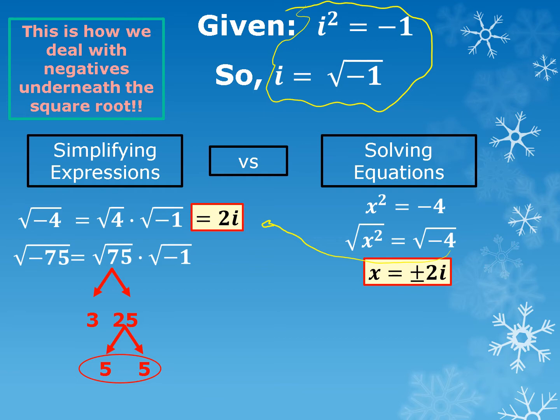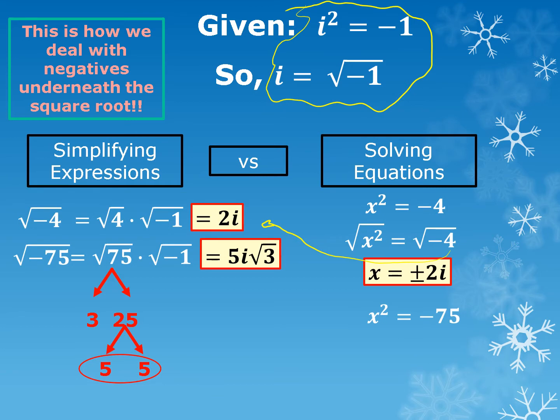I also know that the square root of -1 is i. So how we write this is 5i square root of 3. The 5 and the i will always, always, always go in front of the radical. Okay, so this is 5i square root of 3. Now let's look at it in terms of an equation.